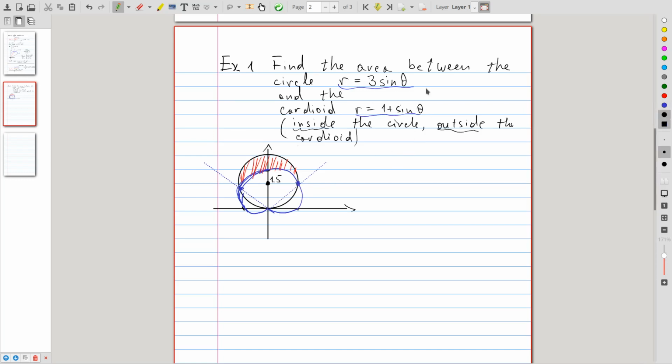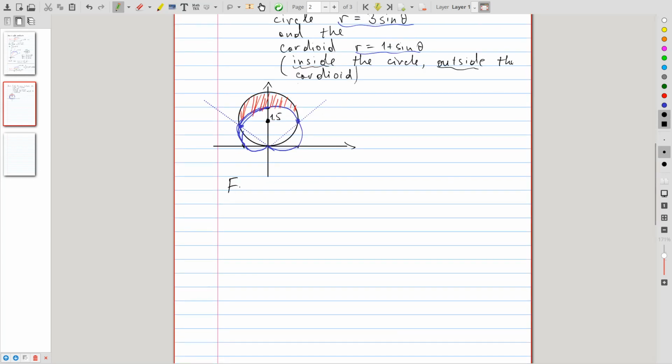So let's go ahead and find the points of intersection. It is done in exactly the same way as you would do it for a pair of Cartesian curves. So we just equate the r's. So we say, okay, let's find the points of intersection. We're not specifically interested in points. We'll be content with the angles where these curves intersect.